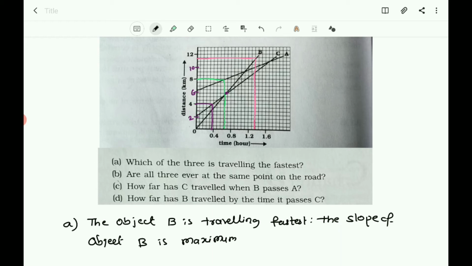Here you know that two graphs are intersecting, but there is no point at which all three intersect. Therefore, all three objects are not at the same point here.